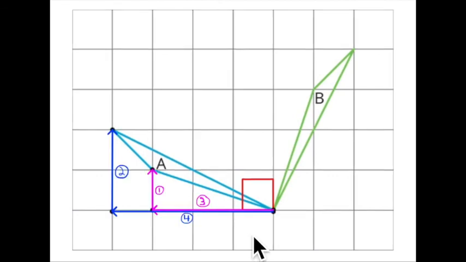So first of all, if you count along the x-axis to get to this first point here, it's 3 units to the left and 1 unit up. And the next point, this point over here, is 4 units to the left and 2 units up.